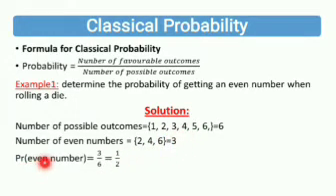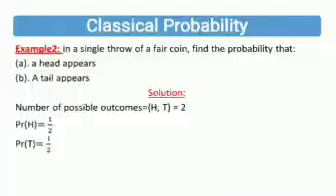Now the probability of getting an even number is just 3 divided by 6, which is equal to 1 over 2. So you can see that this is very, very simple. That's why we say that classical probability is the simplest form of probability.